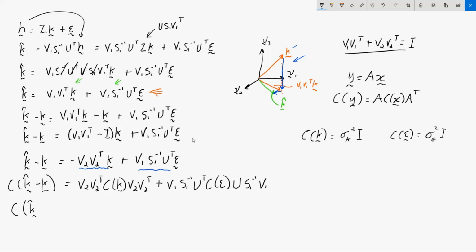The covariance of k hat minus k equals sigma k squared V2 V2 t, as orthogonal matrices come to our rescue again, plus sigma epsilon squared V1 S1 negative 2 V1 t. And I'm sorry, this should have been a t up here all along.